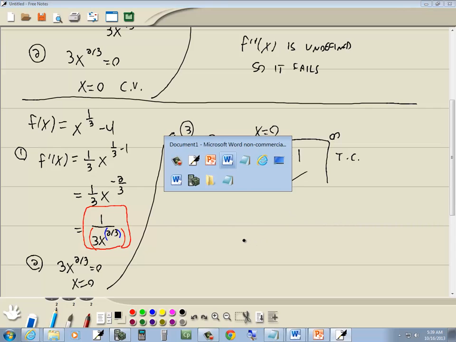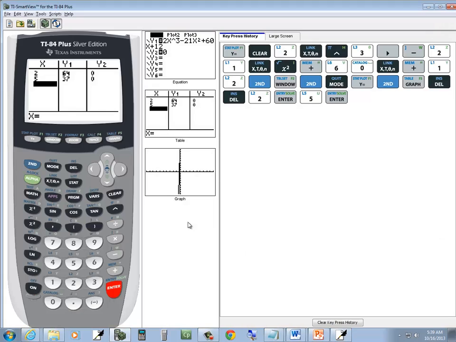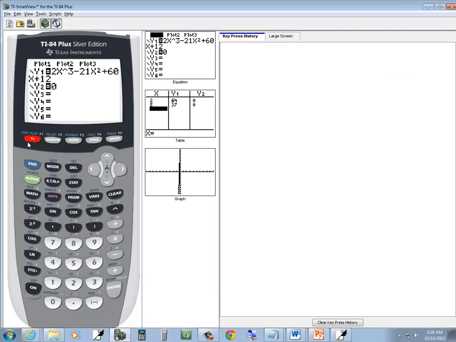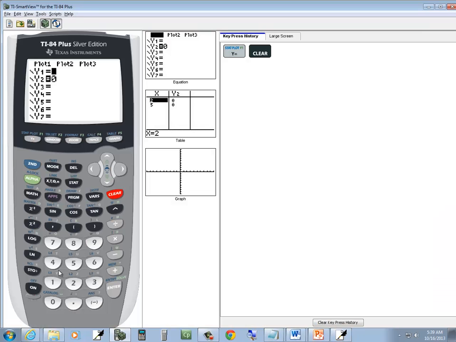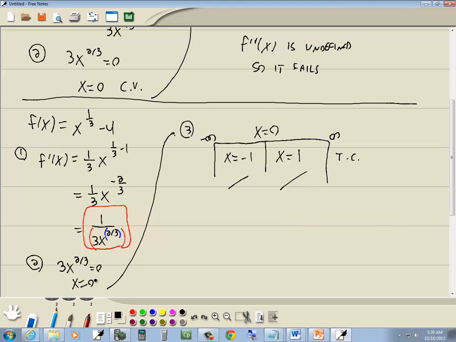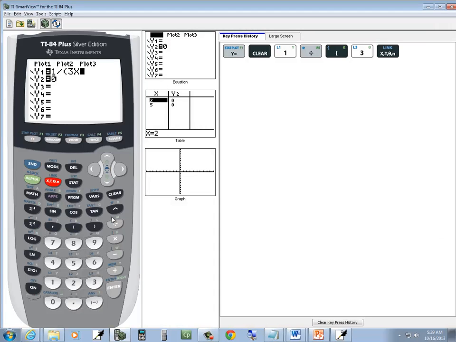Okay, but let's show it on a calculator. I press y equals, clear, and I enter 1 divided by, beginning parentheses around the bottom part, 3, then x to the 2/3. So x caret, and then we have to put parentheses around the exponent, so 2/3, closing parentheses on the exponent, closing parentheses on the denominator.